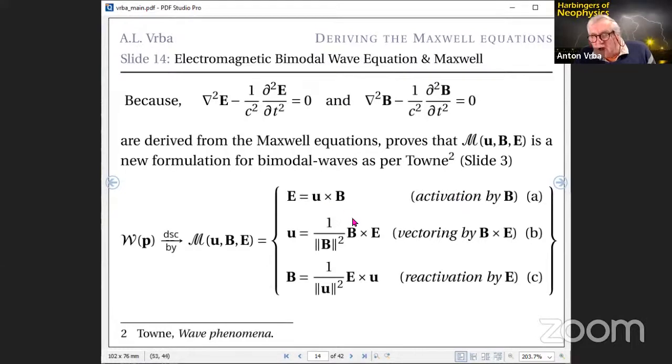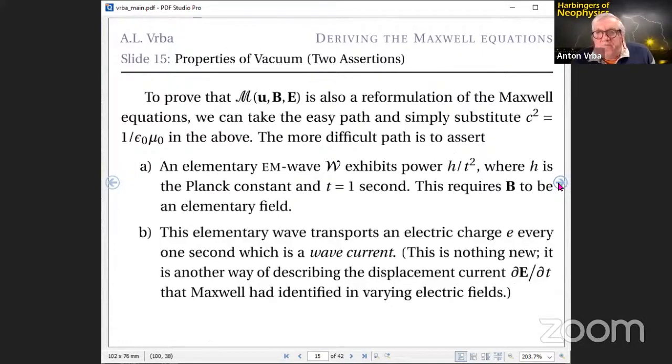So basically, these three simultaneous equations lead to the d'Alembert wave equations as such. This I call the bimodal transverse waves.